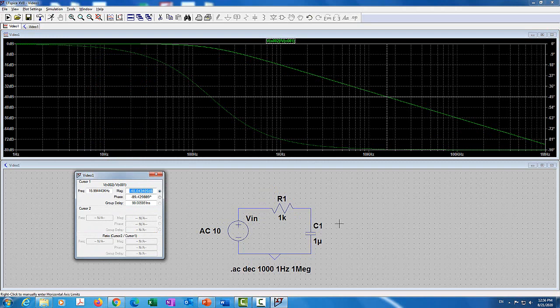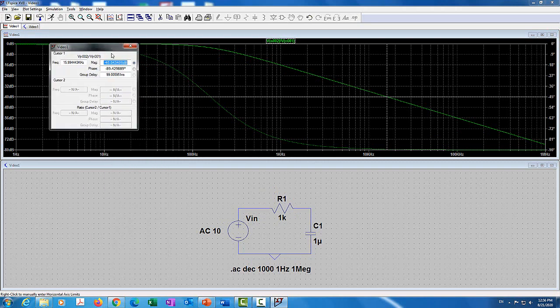Now keep in mind that this makes sense, because if you use the analysis of the impedance, we know that the impedance of the capacitor varies with frequency. So the impedance of the capacitor will be 1 over j omega c. So at very low frequency, if omega is very low, the impedance is very high here.